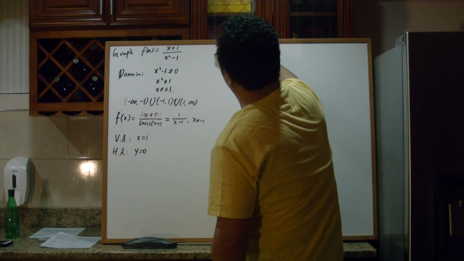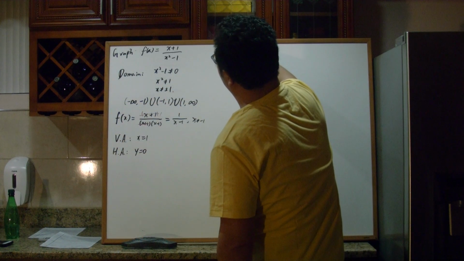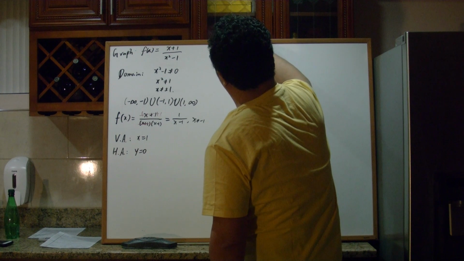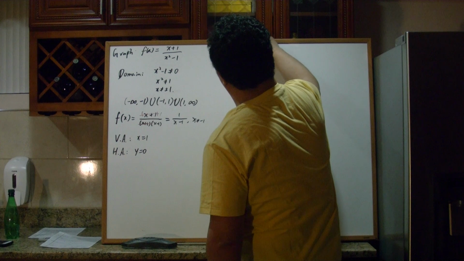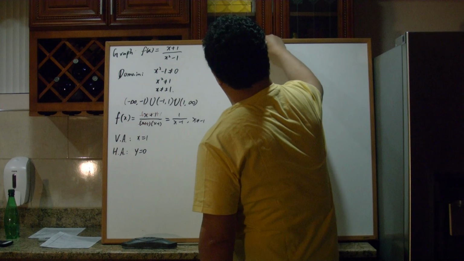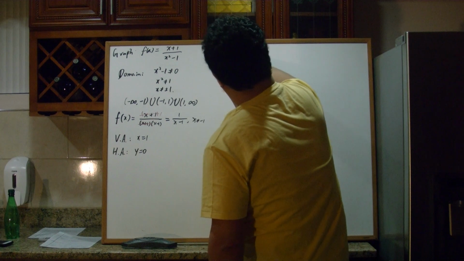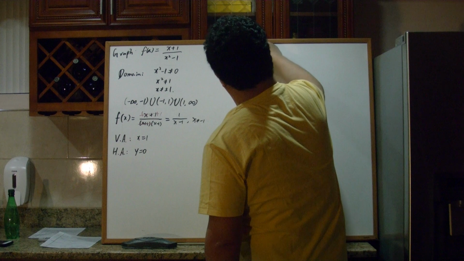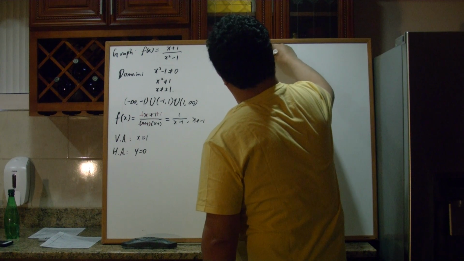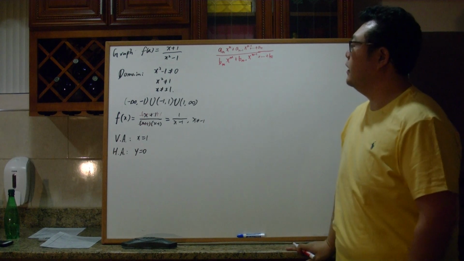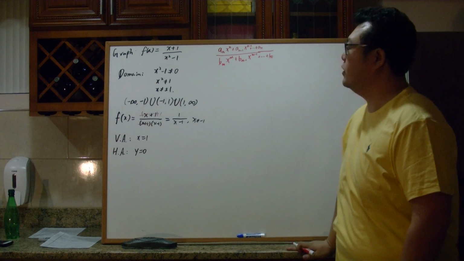Usually for a rational expression, we have polynomials on top and bottom.